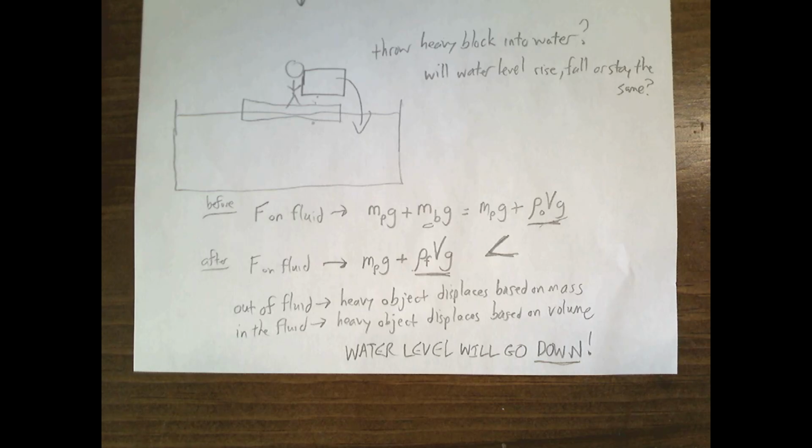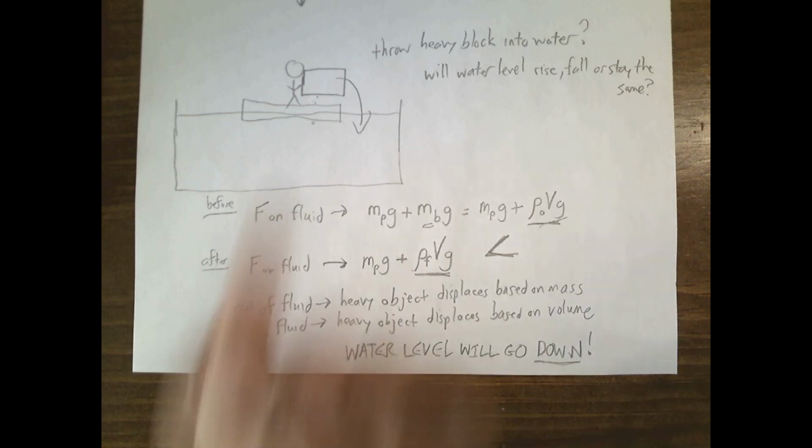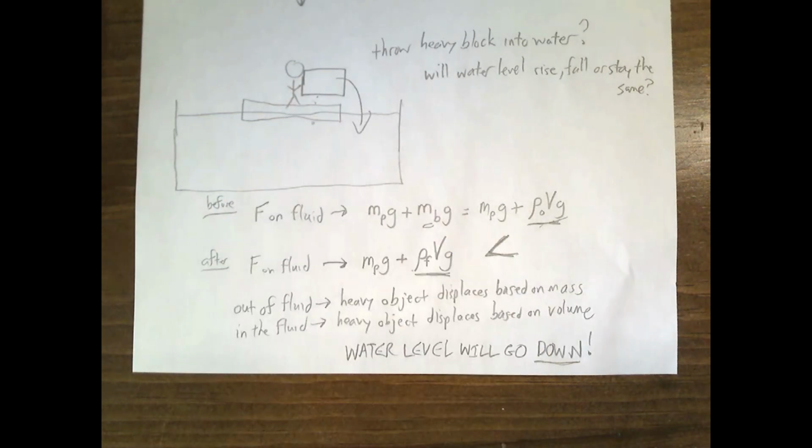Maybe you meta predicted it based off why would we be asking a question this way if it didn't have the trick question answer? But that this is the way to kind of break that intuition. We think it's going to go up because we're putting something deeper in the water, but paradoxically almost, it is able to displace more fluid out because of its greater density.